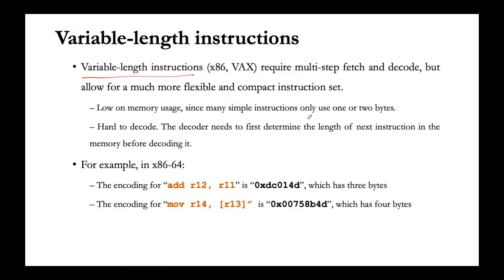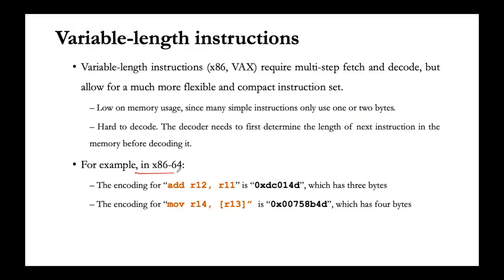Since many simple instructions only use 1 or 2 bytes, but it is very hard to decode. Encoding is easy, but very hard to decode, because one instruction is using 1 byte, another instruction is using 2 bytes, another instruction is using 1 byte. So it is difficult. To decode, you need to first determine the length of the next instruction in memory before decoding it.